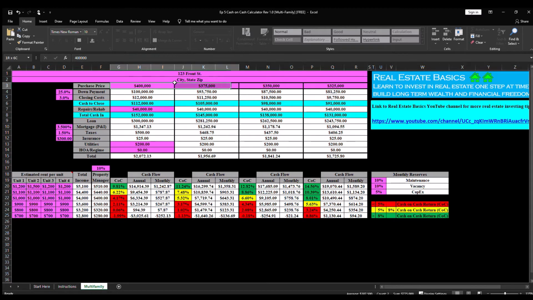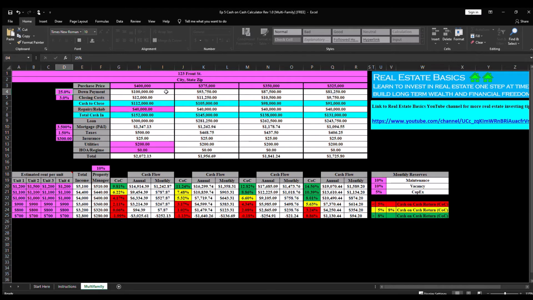Okay, so up top you put in the purchase prices of what you think you can get for the property. Then we have our down payment in terms of a percentage of the purchase price. Typically for a multifamily, it's around 25% for a conventional loan, but that'll depend on your lender. Then you put in your percentage of your closing costs of your purchase price. Typically they're between 3 to 5%. And you can see highlighted here in blue is the total amount of cash you need to close on the deal.